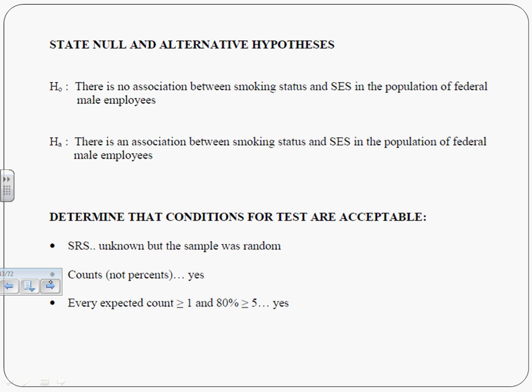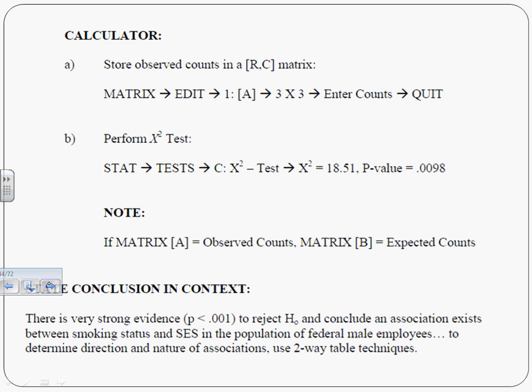State your null and alternative hypothesis. Check your conditions. And you could go put it in the calculator. You could actually put it in the calculator first and then check your conditions, so you could see that expected counts part without doing it by hand.